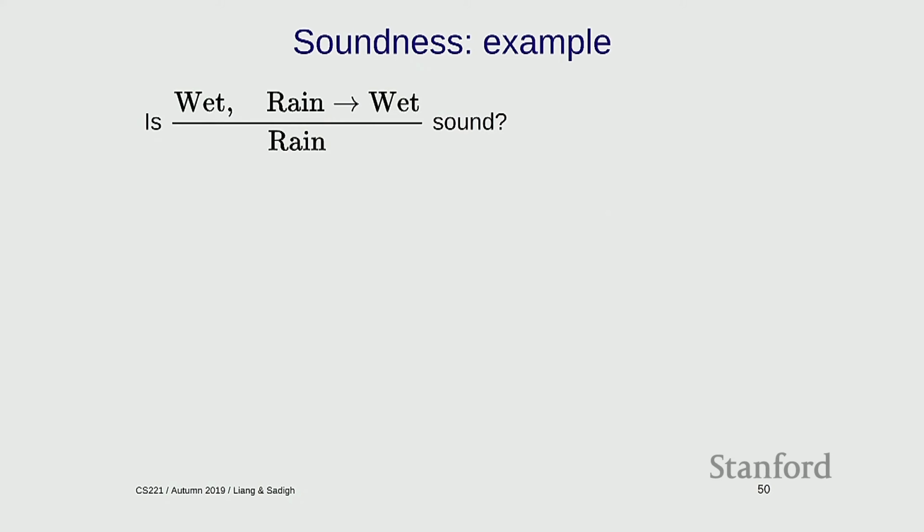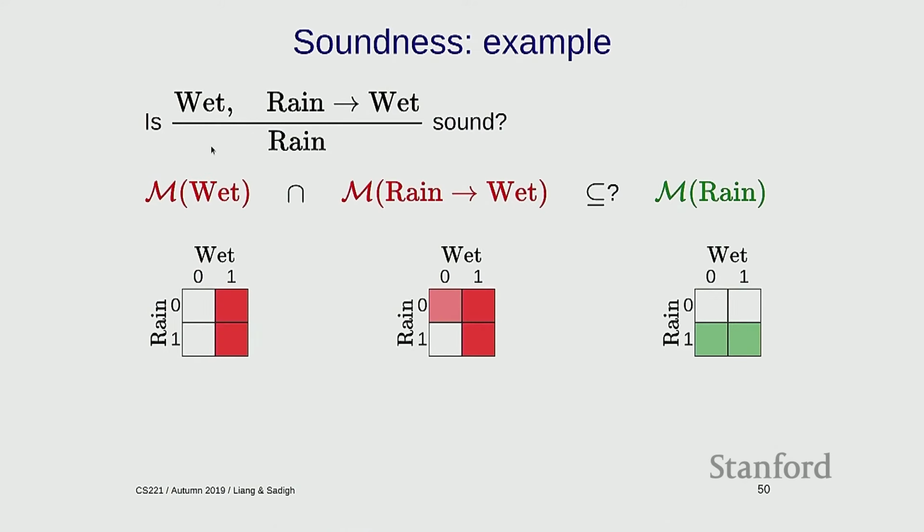Okay, so let's do another example. If someone said it was wet and you know that rain implies wet, can you infer rain? Well, let's just double check this. Okay, so again, what are the models of wet? They're here. One is the models of rain implies wet. They're here, and I intersect them.